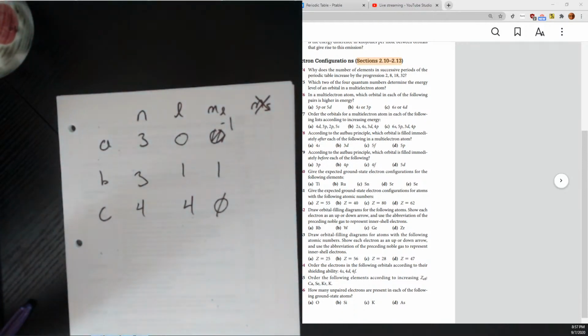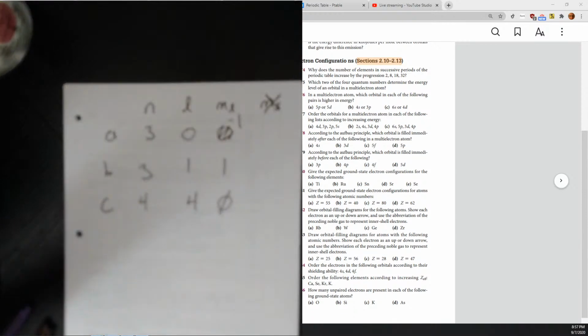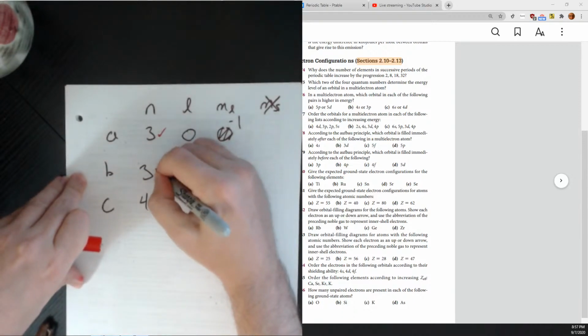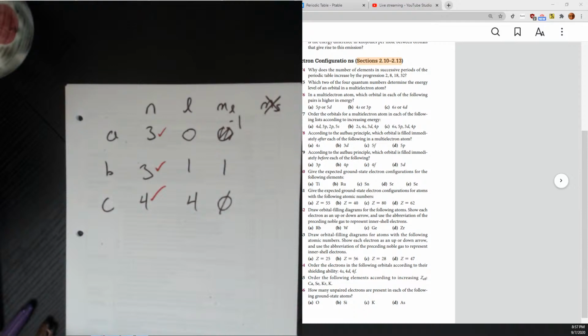All right. So which is allowed, which is not allowed? So n can have any value for any positive integer. So 1, 2, 3, 4, etc. So all three of these are perfectly fine when it comes to n. Not a problem there. L is any non-negative integer less than n.